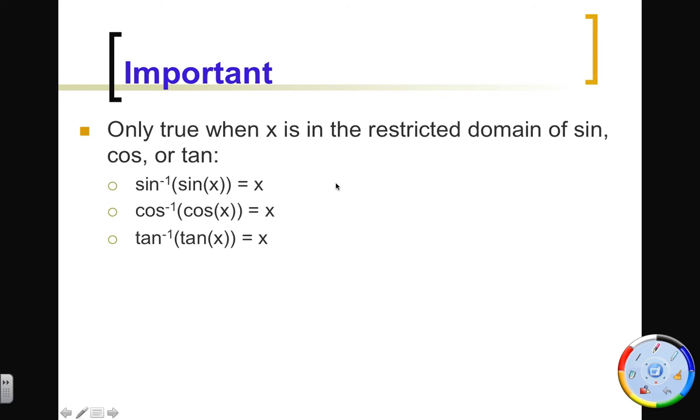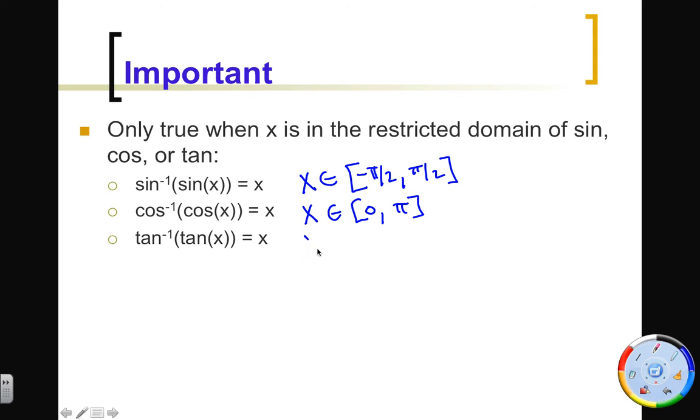So in this first one, x has to belong to the interval from negative pi halves to pi halves. In the cosine one, x has to belong to the interval from 0 to pi.